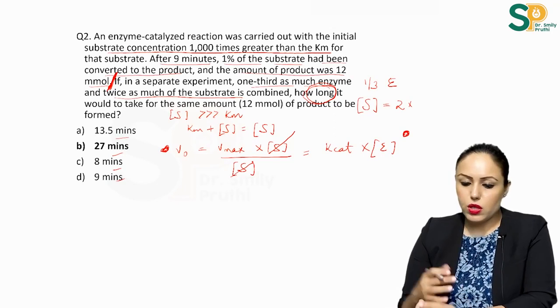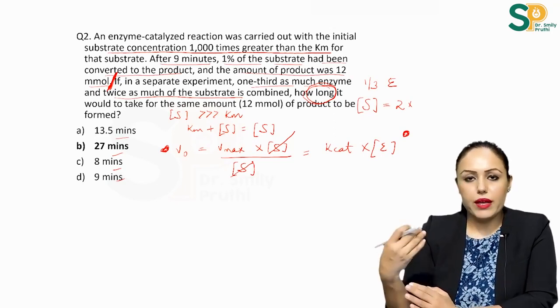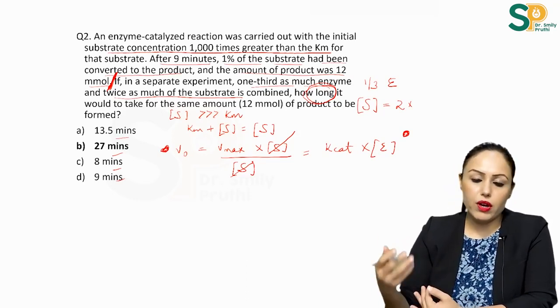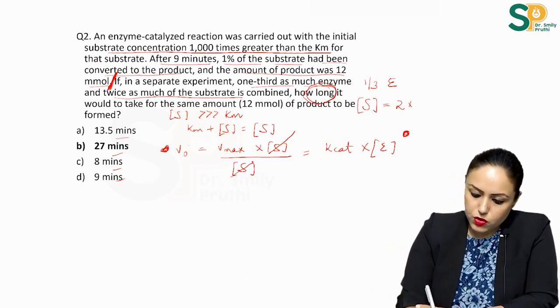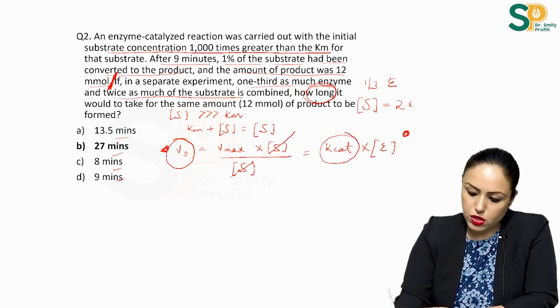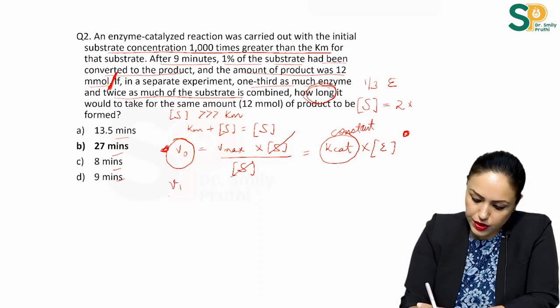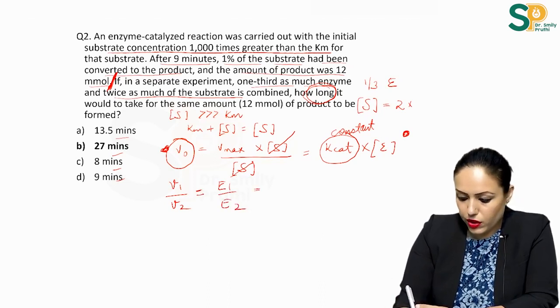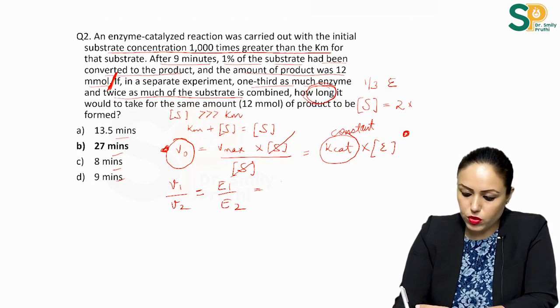So how long means they're asking for time, and all the options are in minutes. Okay, so there are two situations. I can take situation one and situation two. So V1, V2, E1, E2. As velocity is equal to K catalysis into enzyme concentration, and K catalysis is a constant, I can simply say V1 by V2 is equal to E1 by E2. Now E1 means initial enzyme concentration.